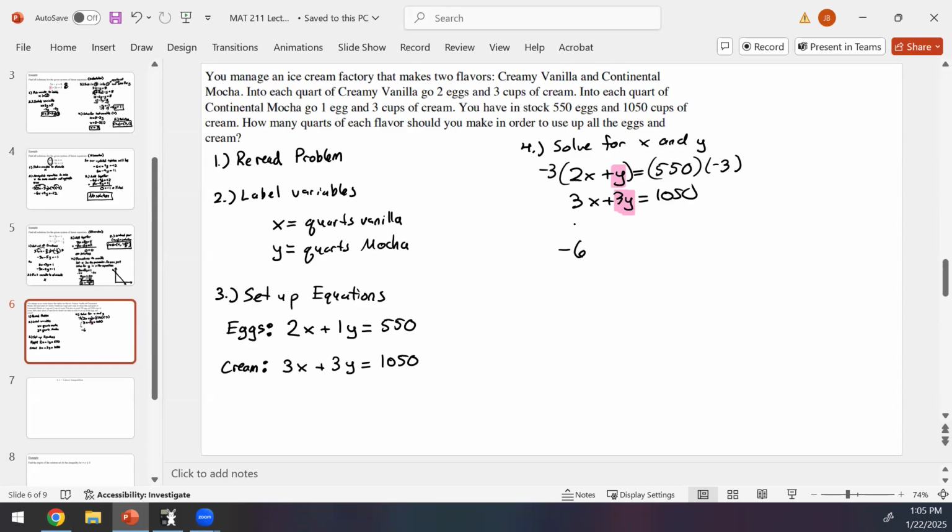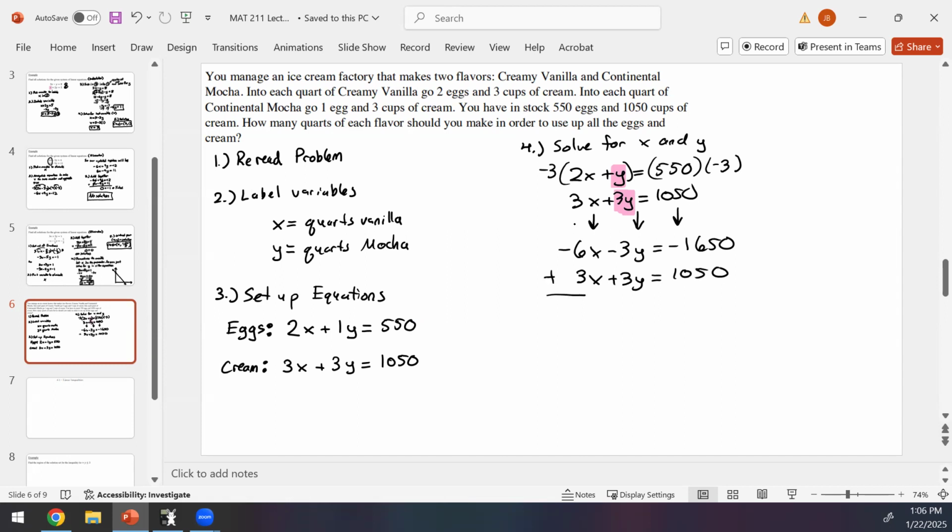Actually, let's do it like this. -6x minus 3y equals -1650. That sounds right. And then 3x plus 3y equals 1050.